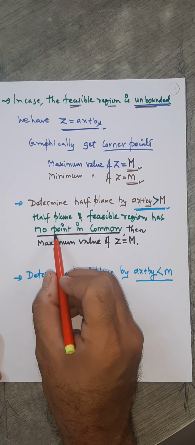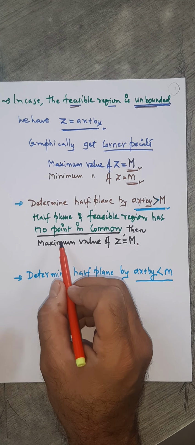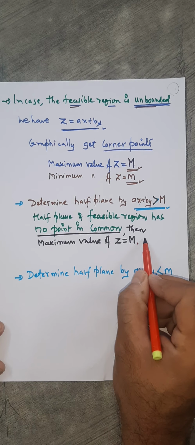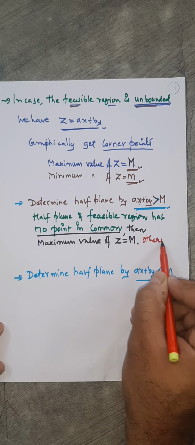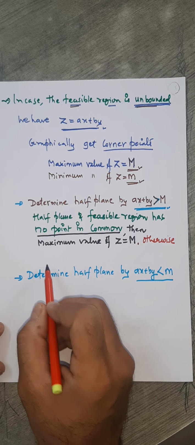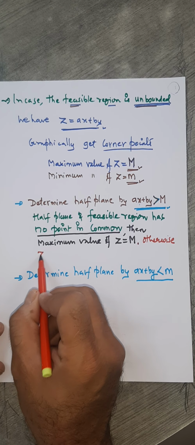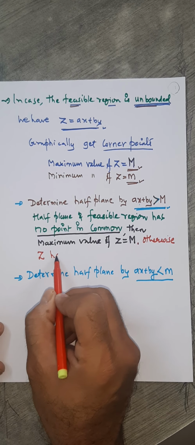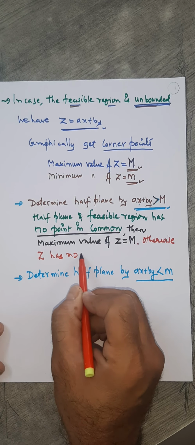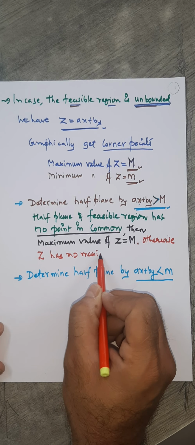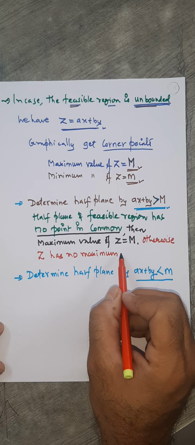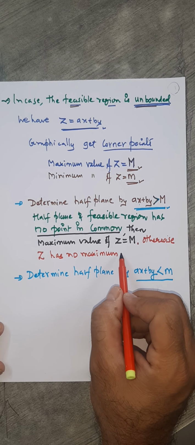Otherwise, meaning if they have common points, the function z has no maximum value. Maximum value doesn't exist.